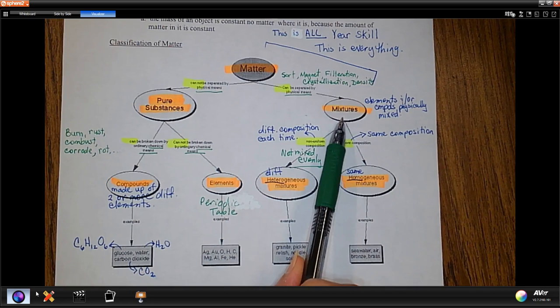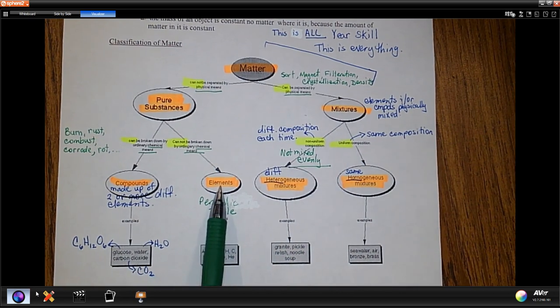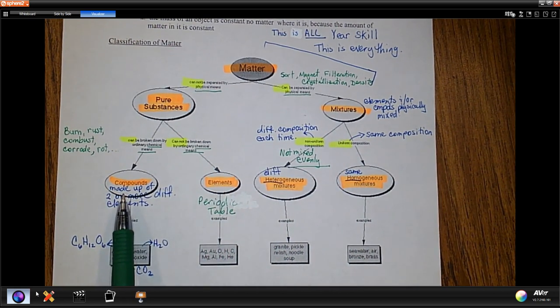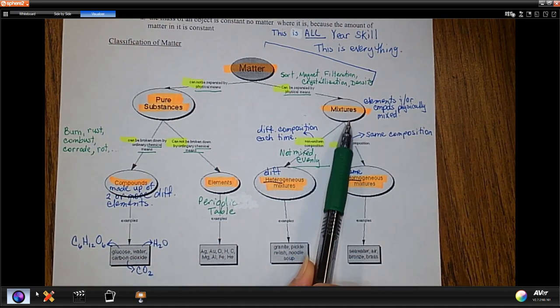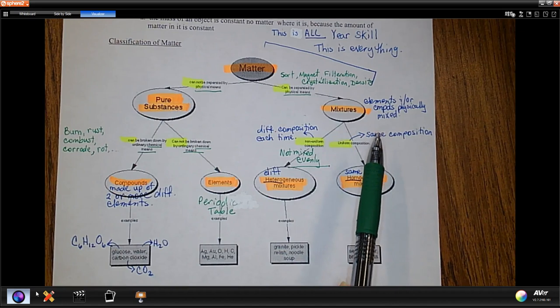And elements and compounds both seem to have their own individual properties that are distinctive to the element or to the compound that is present. But when you have a mixture, because it's a combination of several different things, its property is going to be a combination of whatever makes up that mixture.